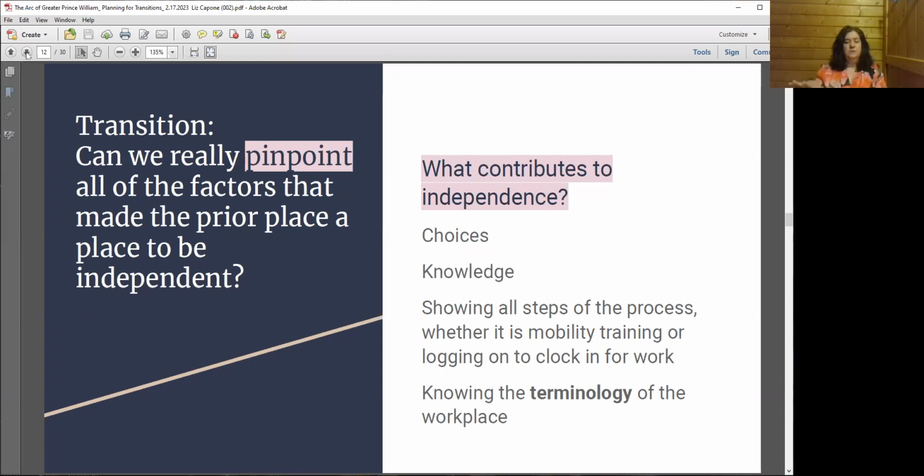I find across the board, students with and without disabilities have a real lack of knowledge of terminology of the workplace. I'm not sure what it is, or even the protocols, to send a thank you follow-up to an interview. So we really want familiarity and multiple exposures to these terminologies, so that the student is really internalizing, oh yeah, I know that's a cover letter and that's a thank you letter, and I know why.